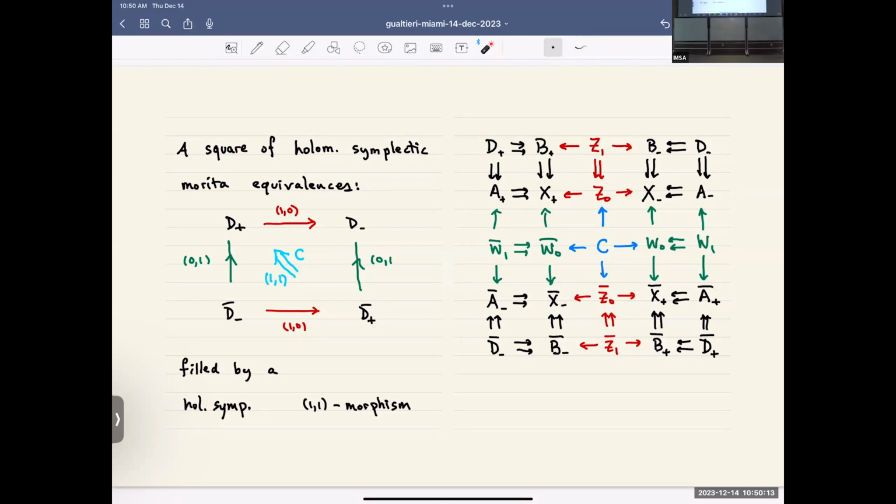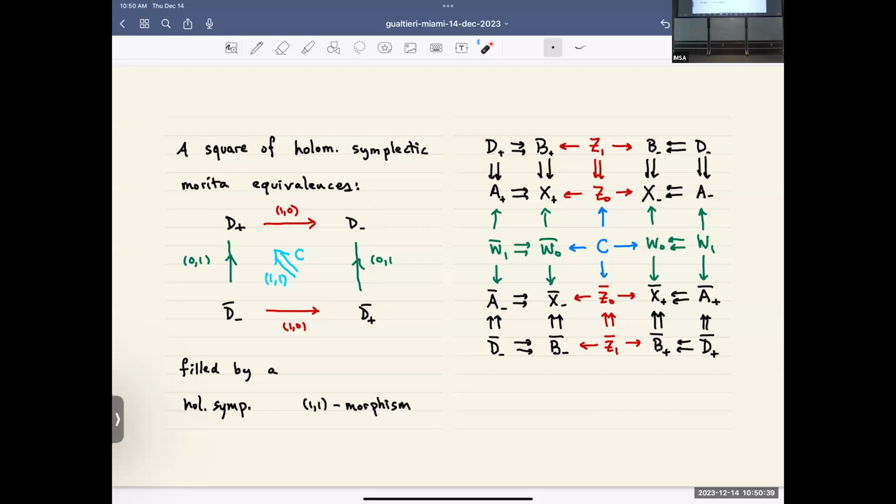Okay, so what am I talking about? I'm basically saying that there are 4 holomorphic symplectic double groupoids. When I say symplectic, what it means is that the big spaces, these Ds, are all holomorphic symplectic manifolds. Okay, and they are related by a square of generalized morphisms with Morita equivalences like this.